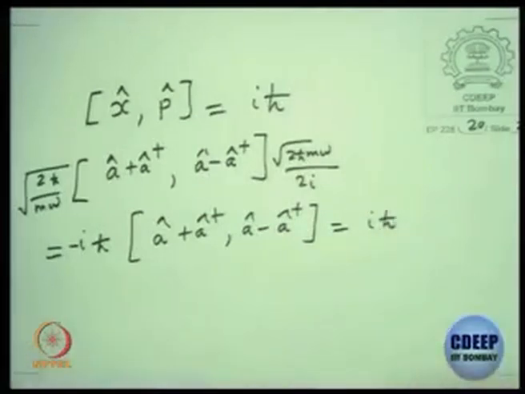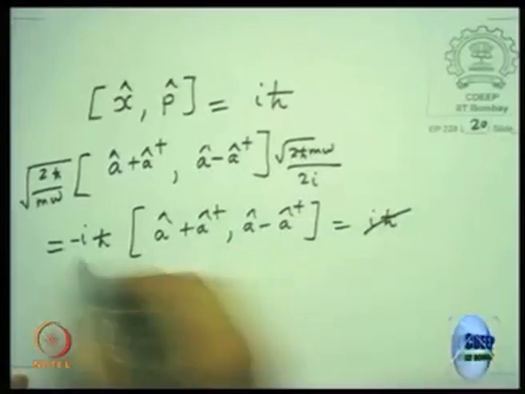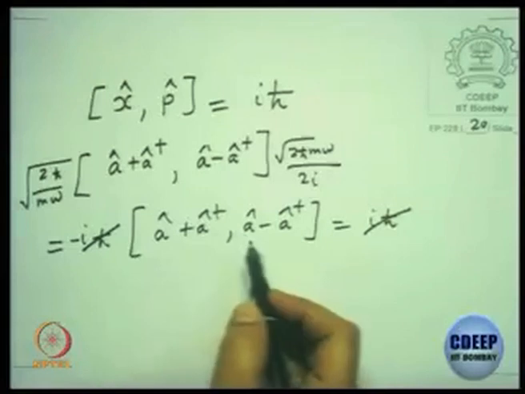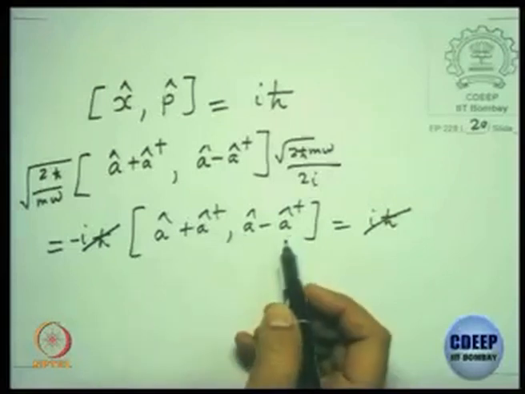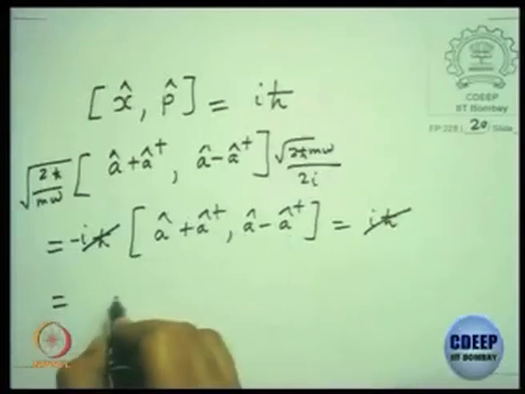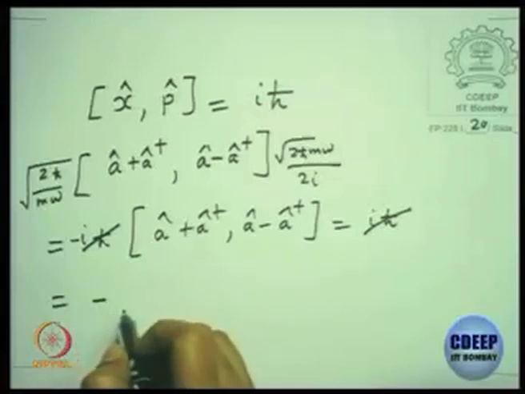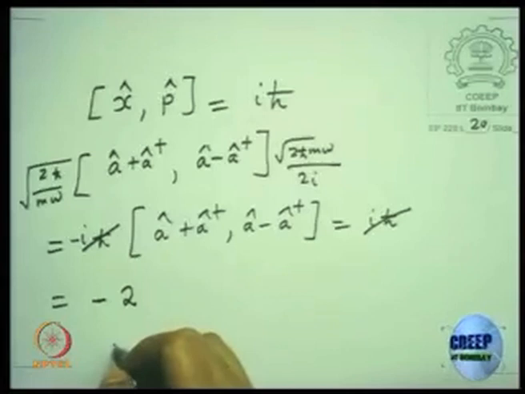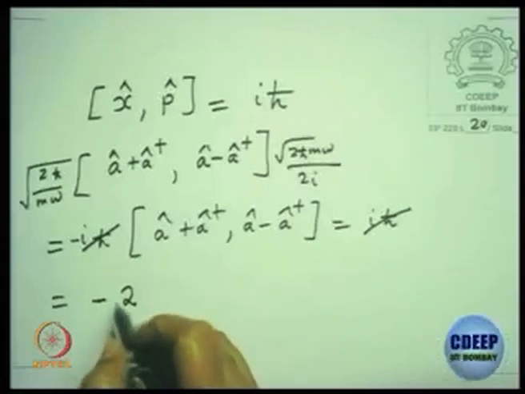A with A is 0, A dagger with A dagger is 0. So what will the final answer be? What happens?